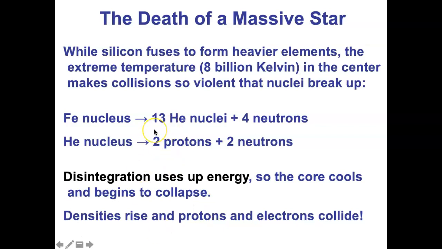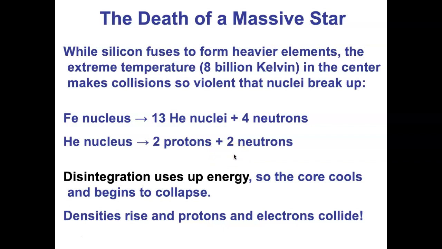When those gamma rays slam into the iron nuclei, it splits the atom into a bunch of helium nuclei and neutrons. And then the helium nuclei get slammed by more gamma rays, and that splits the helium nuclei into protons and neutrons. So this is all happening in fractions of a second.